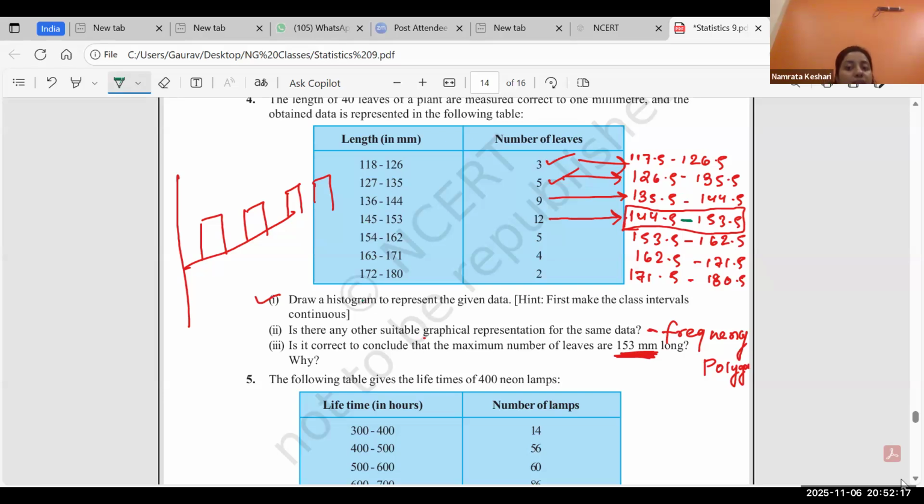Yes, it is coming from this class interval 144.5 to 153.5, but we are not sure that 153 is the one repeating, right? Yes, ma'am. So we will write over there no.